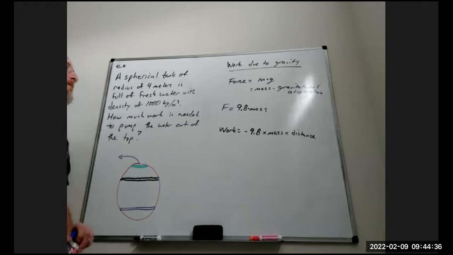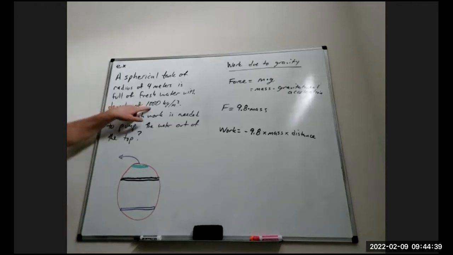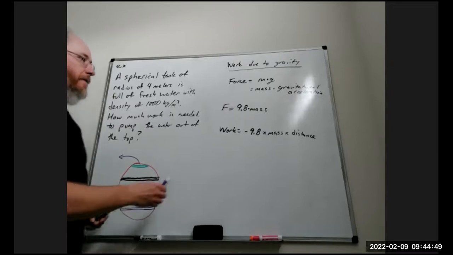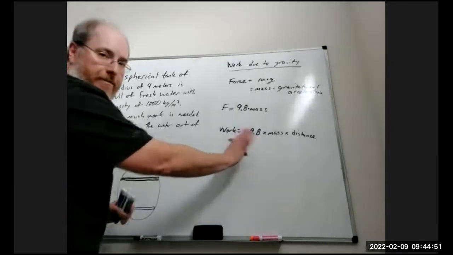If I'm going to do the mass, I'm going to use the density. I'm going to use the fact that it's 1,000 kilograms per cubic meter, and I just need to multiply that by its volume. So let's start breaking this down. We have the negative 9.8. That's just going to be there.